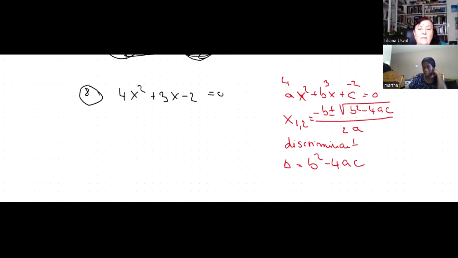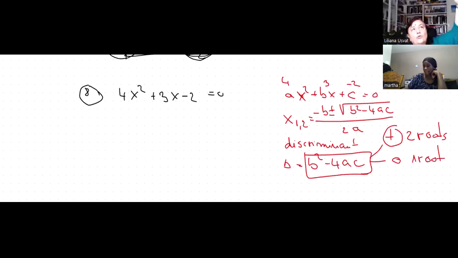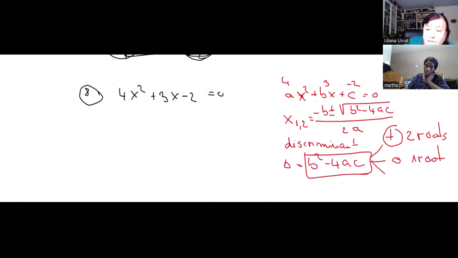If this discriminant is positive, we have two roots. If this discriminant is 0, we have one root, because the square root of 0 is 0. And if it's negative, we have 0 roots.